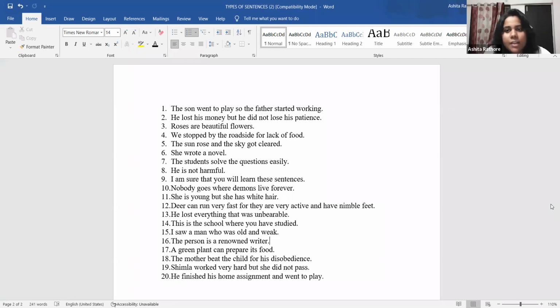Yes, right. Subject-verb agreement isn't visible separately here. Of course, it's understood, and when we say went to play, we are talking about him, but it's dependent. So compound.